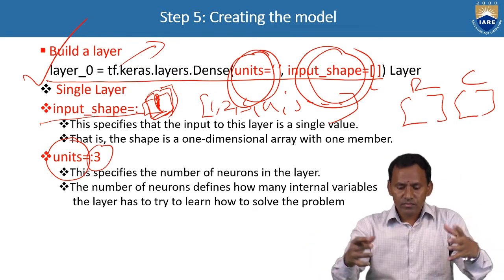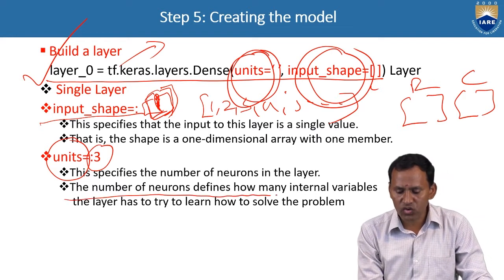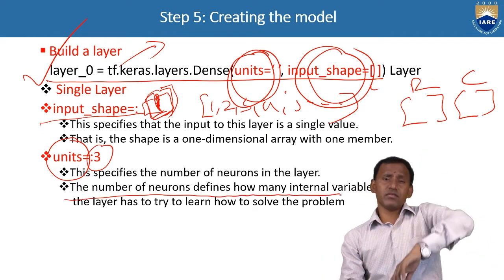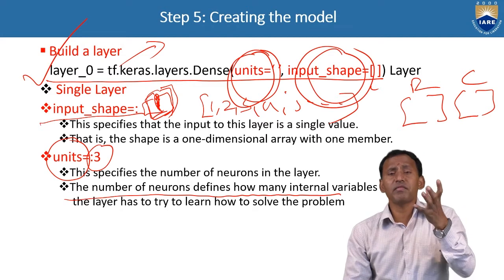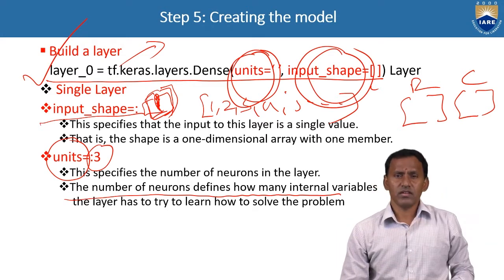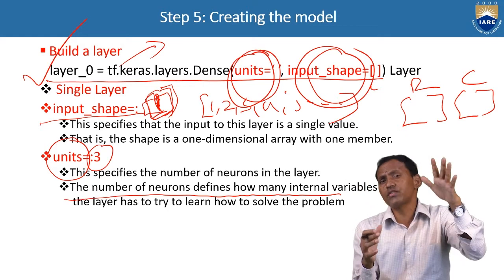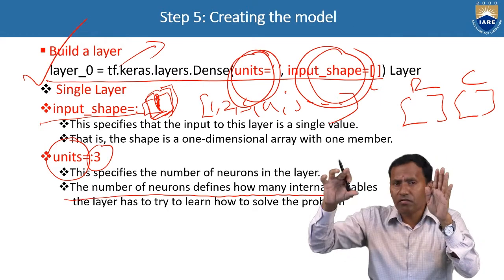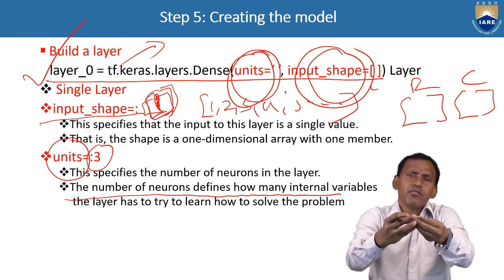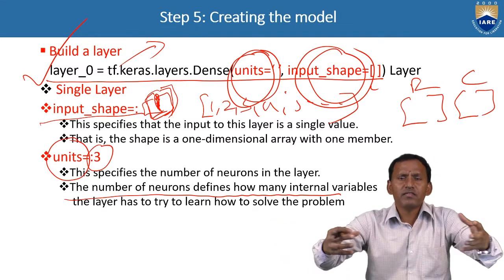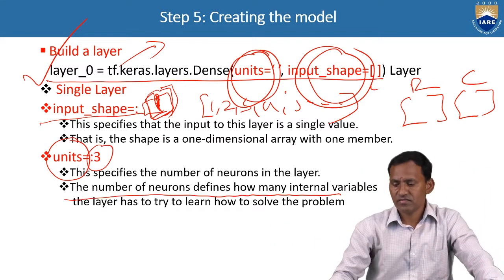The number of neurons defines how many internal variables hold the data to solve the problem. Whatever problem we have chosen, in order to solve it we require some internal variables, and we represent these internal variables by using neurons. That's it.